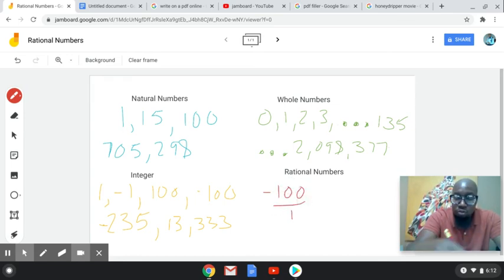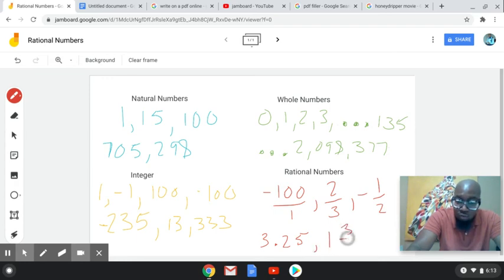But you can get more detailed with it. Let's say you also have numbers such as 2/3, negative 1/2, 3.25, 1 and 3 over 4.